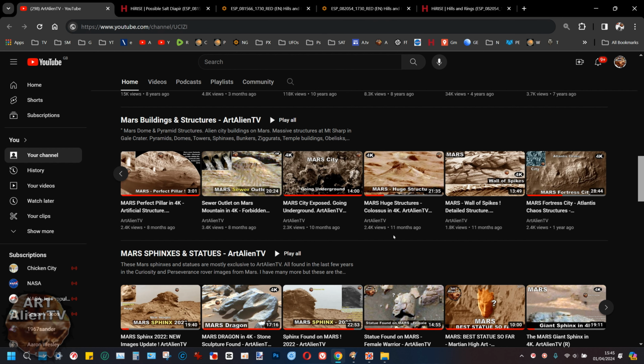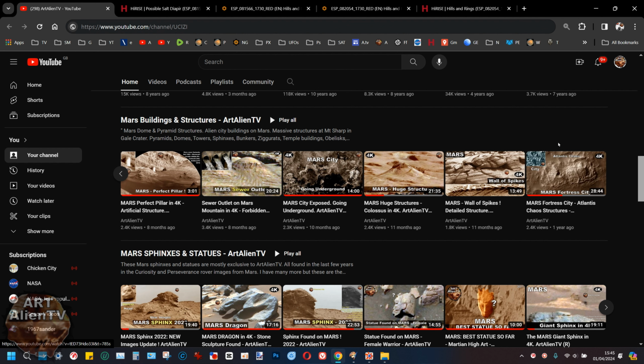I mean, going right back, I've been doing these for about 11 years now. And what we're looking at today is similar to this one, Mars Fortress City, Atlantis Chaos Structures. Very similar in scale and similar kind of structures on the ground, okay, which are completely ruined and look like they've been hit from above with explosive devices from possibly aircraft, okay.